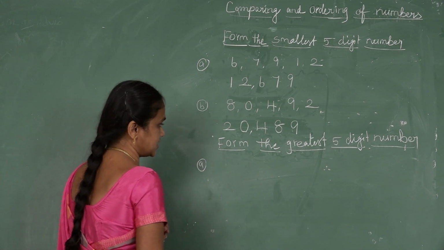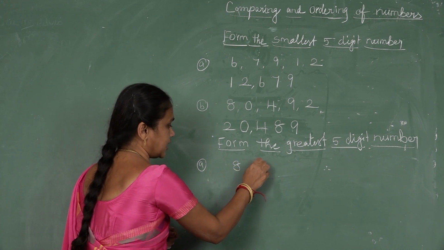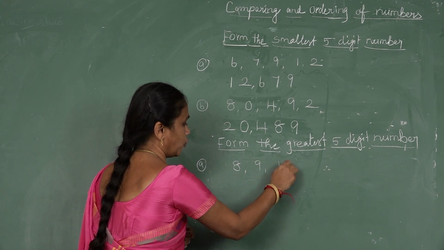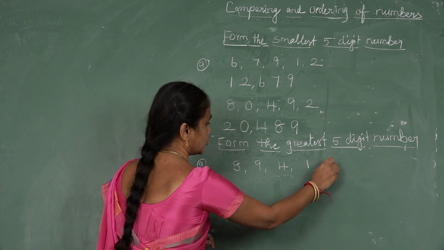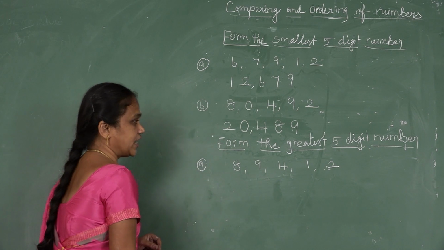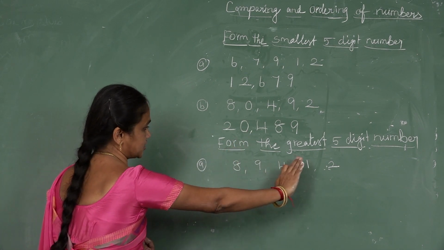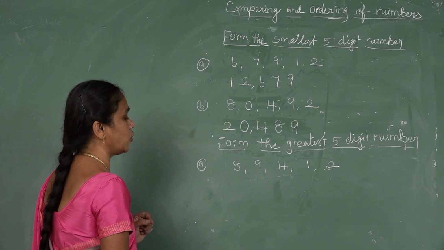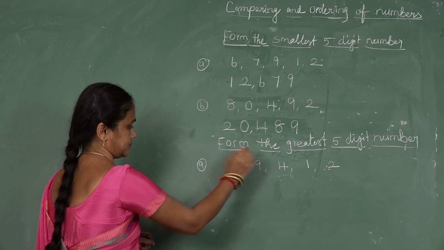Now we have the digits 8, 9, 4, 1, 2. To get the greatest 5-digit number, we arrange these digits in descending order. Which is the greatest one? 9.